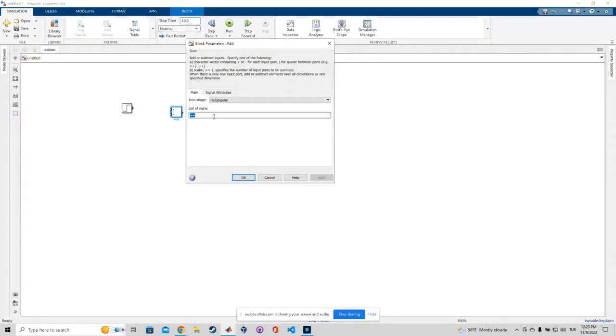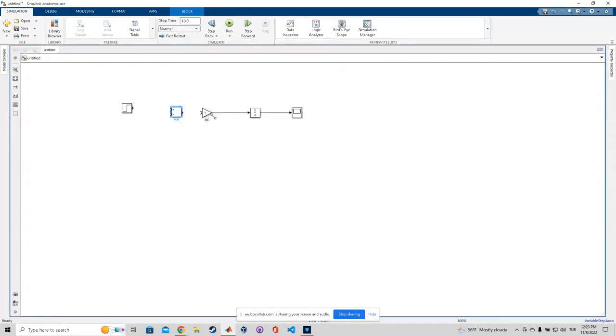So our feedback will be negative feedback, so the second one will be the subtraction, and then you connect it to your RC gain, and your negative feedback will come from your output.